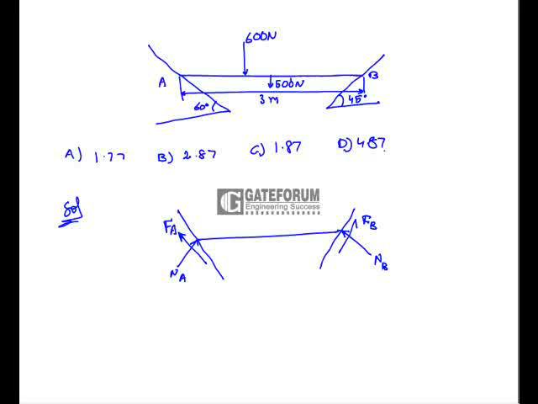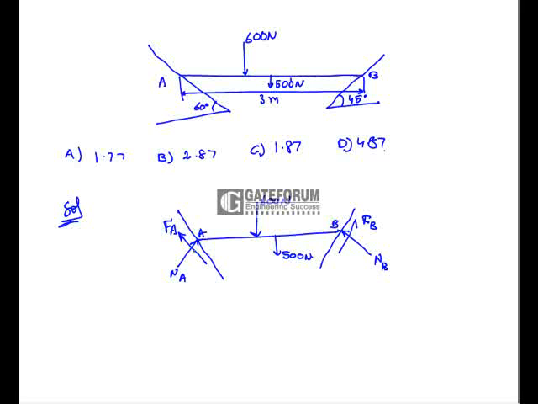So here there is a 500 Newton weight of the bar and we'll have to find out where the 600 Newton can be placed safely on the bar. So first we will have to find out the reactions at A and B.